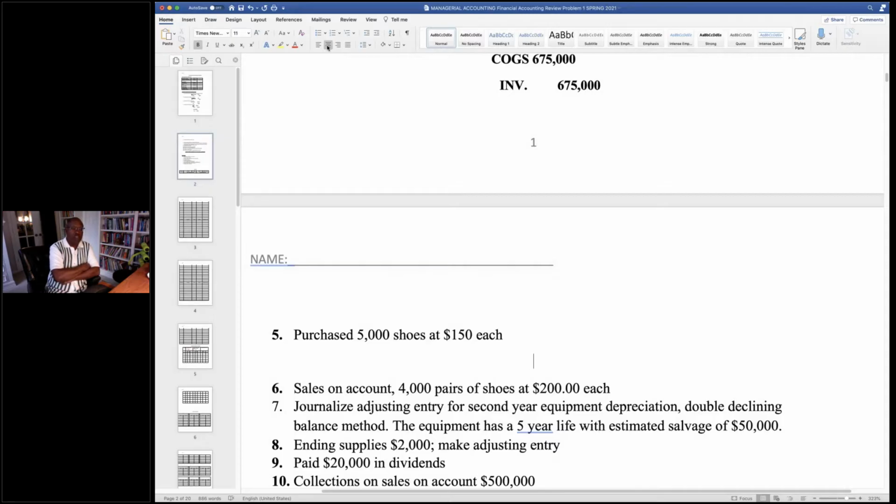Can we purchase some inventory? Yes. So what are we going to debit? Inventory, then we're going to credit accounts payable. How much are we debiting this time? 750,000.